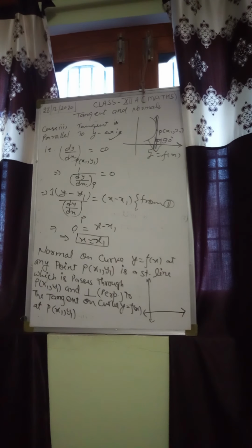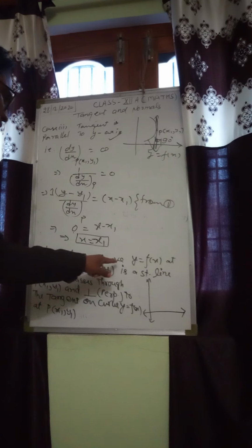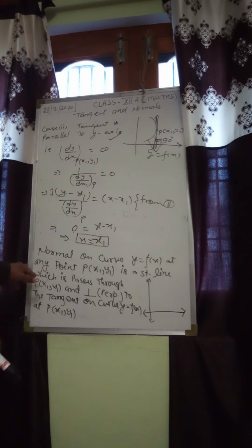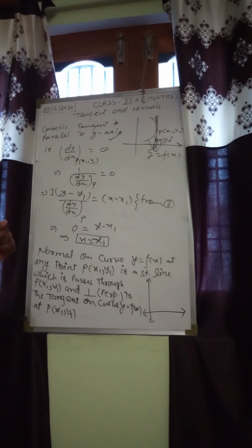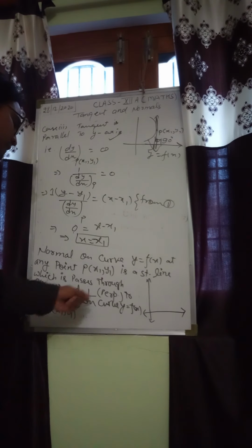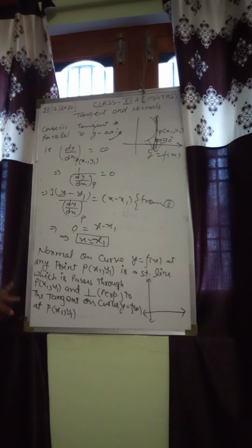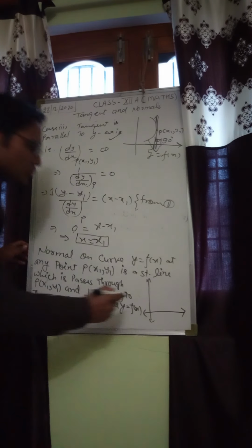So first of all, read again. Normal on curve y is equal to f(x) at any point P(x1, y1) is a straight line which passes through this point P(x1, y1) and is perpendicular to the tangent on the curve at P(x1, y1). So first of all, you have to draw.